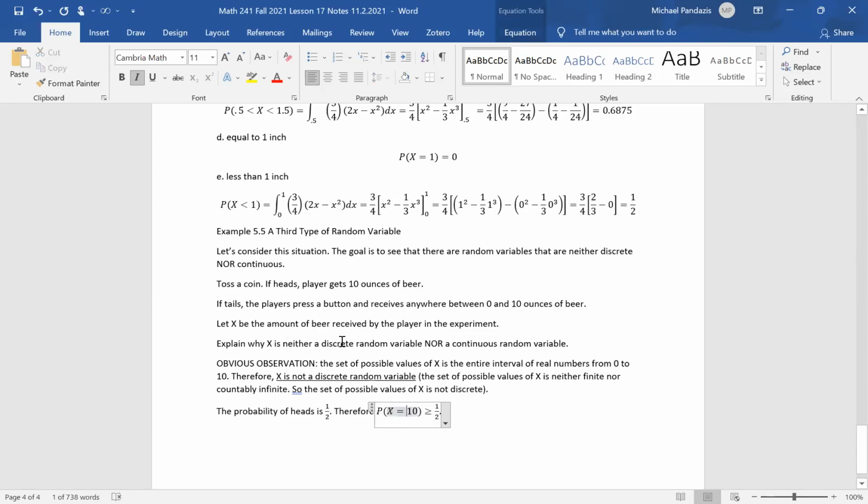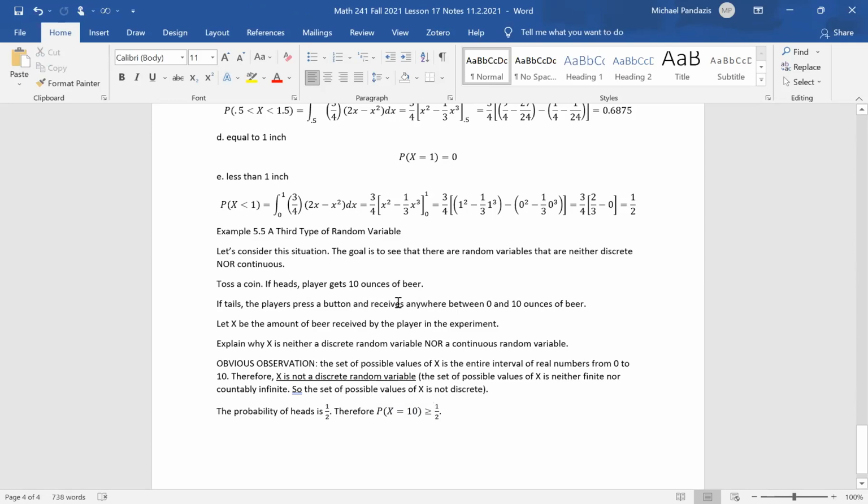X is the amount of beer you get. If you flip heads, you get 10 ounces of beer, and there's a 1/2 chance of heads. So the probability X is exactly 10 is at least 1/2.